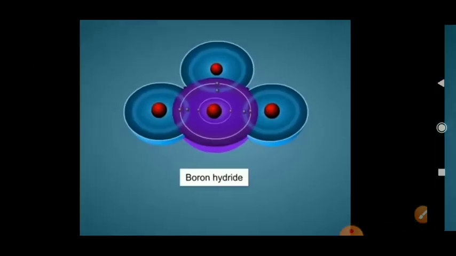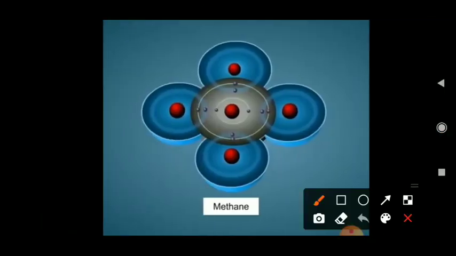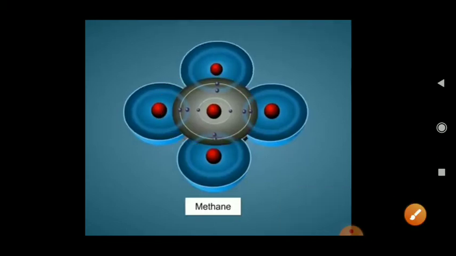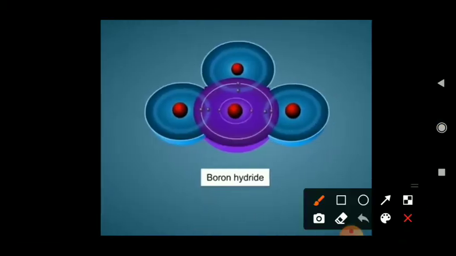The second one is electron precise. Electron precise means all atoms are stable. In the previous case, boron hydride is unstable, so when one boron hydride reacts with another boron hydride, they form diborane due to instability.